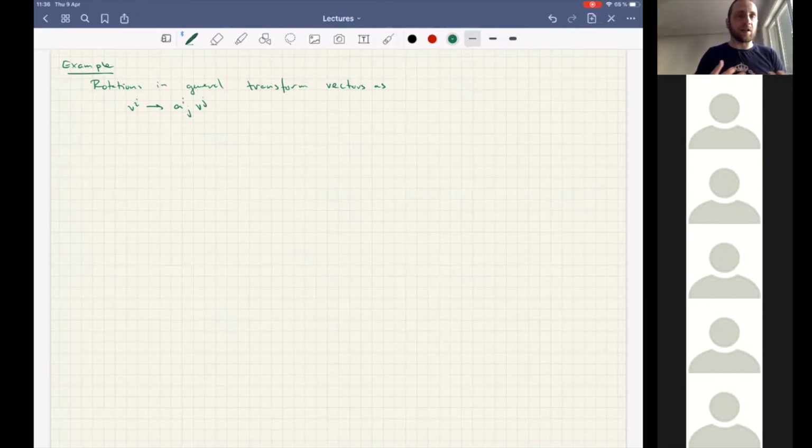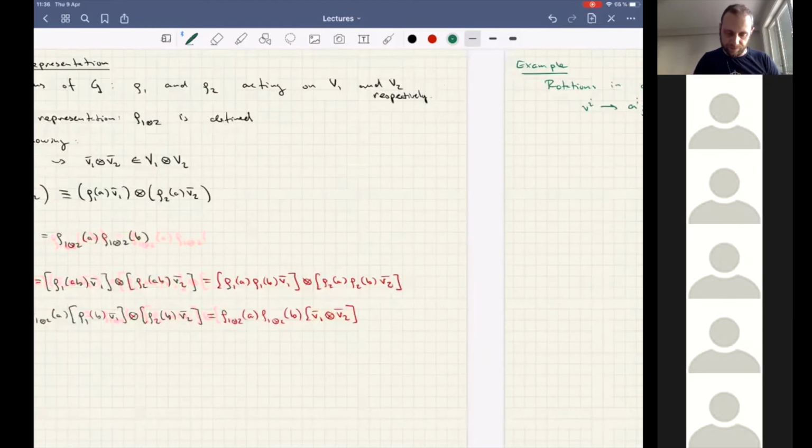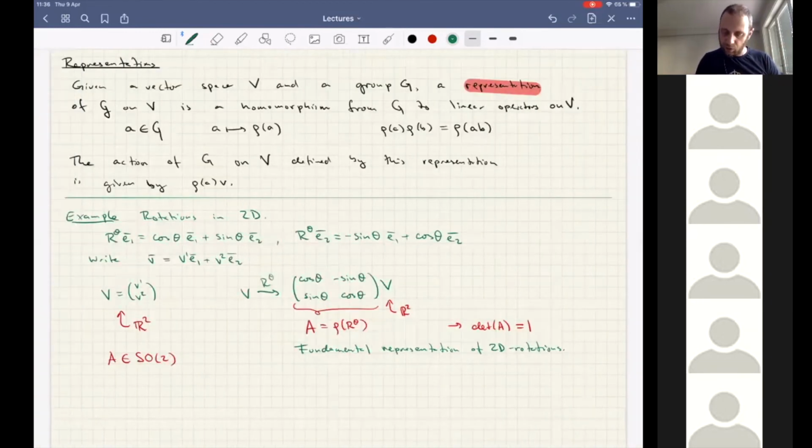And these Aij's may be considered as the components of an n by n matrix. In this case, if we look at 2 dimensions, a 2 by 2 matrix, which we saw here before. So this 2 by 2 matrix, for example.